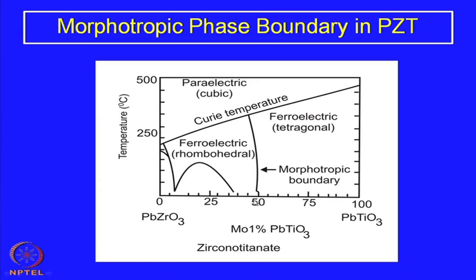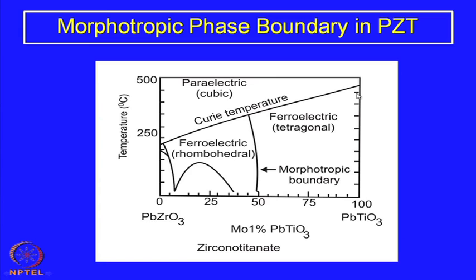So, that is the morphotropic phase boundary which is around 50 mole%, and the Curie temperature increases. It is lower for the lead zirconate and it increases as we increase the percentage of lead titanate.